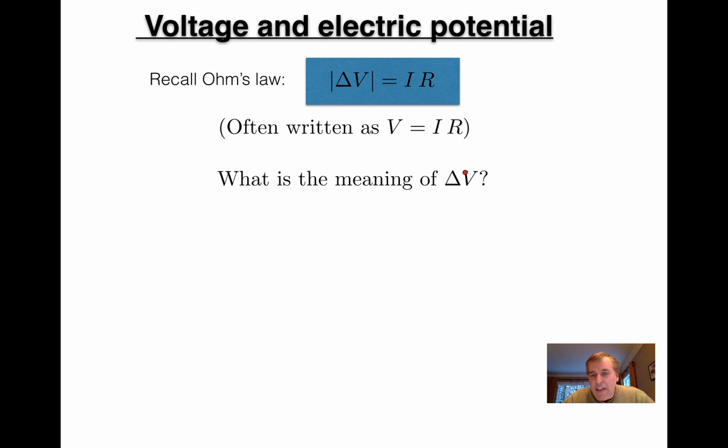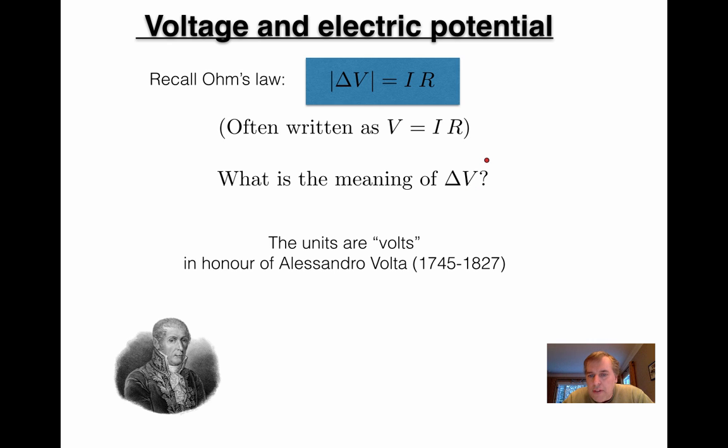Delta V is a difference of V's between two points, so the question is, what is this V? We'll define that in a second. The units of V and delta V are volts, named after Alessandro Volta, who also lived towards the end of the 18th century, early 19th century, like the other scientists we mentioned before.